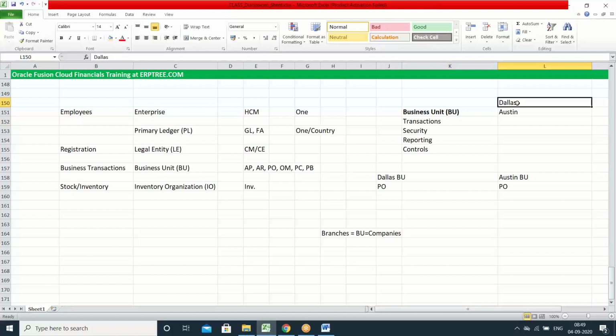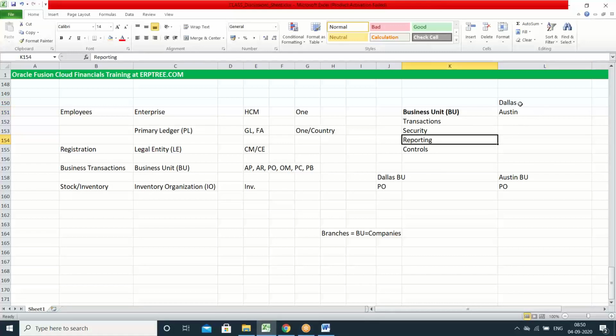What are the purchases and what are the sales in Dallas? What are the purchases and what are the sales in Austin? And security. The data transactions they are creating in Dallas should not be accessed by Austin people. The data they have for Austin business transactions should not be accessed by Dallas. That means we have to maintain the data security between these two locations.